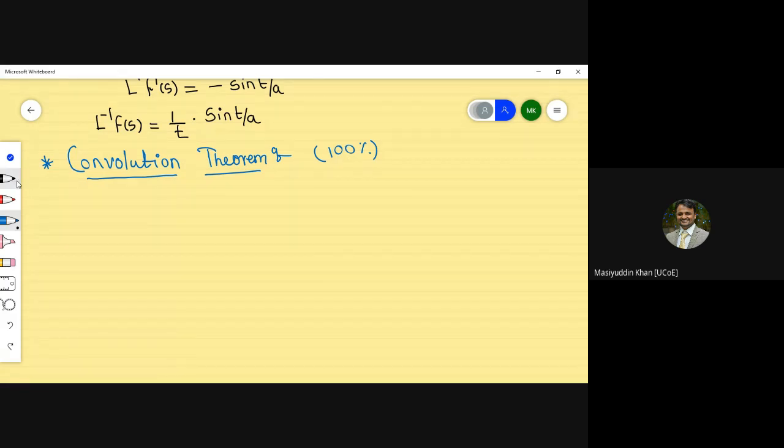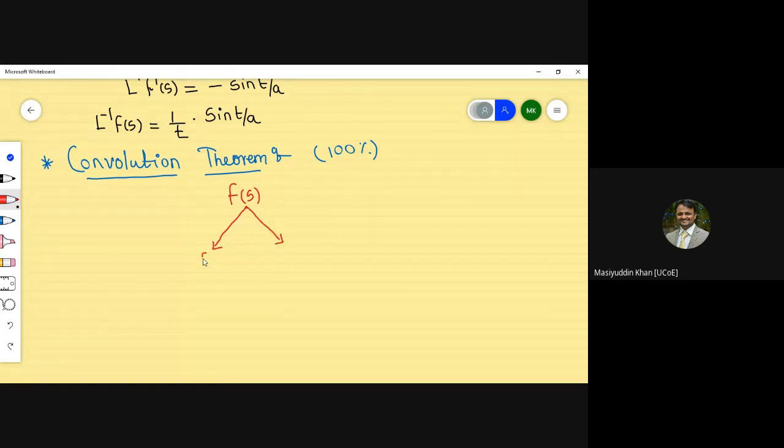Now coming to the method, what is the method exactly? So the method clearly states that if f of s is a function, then we have to divide this function into two parts.